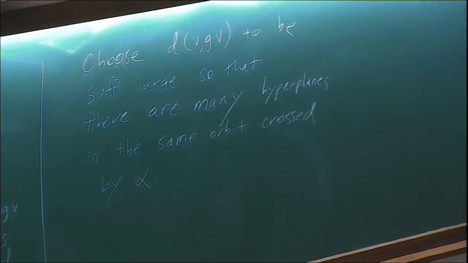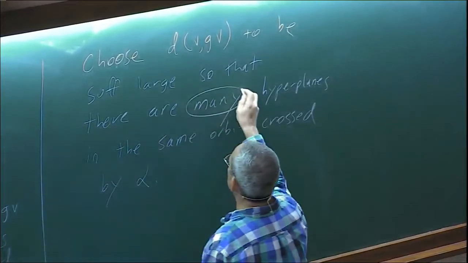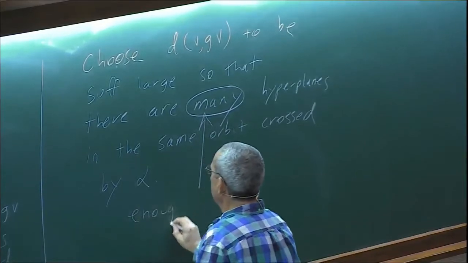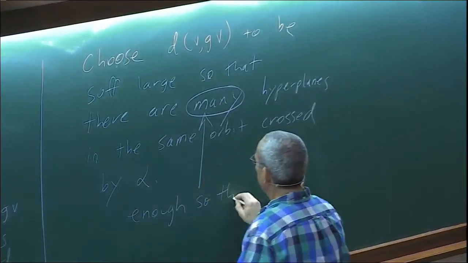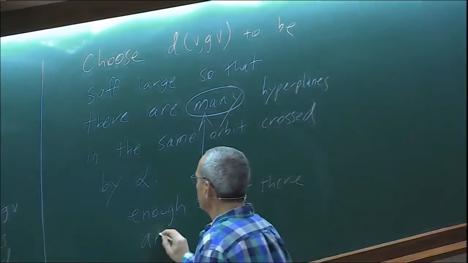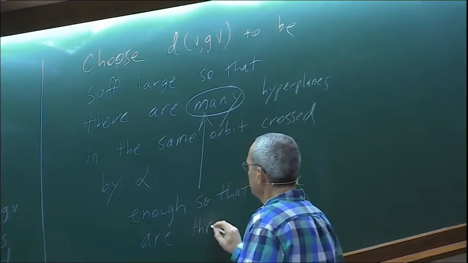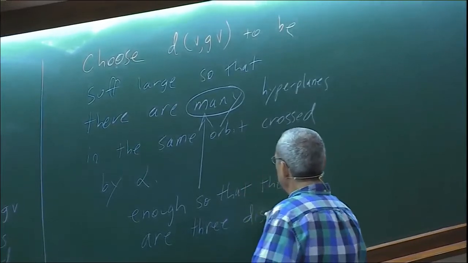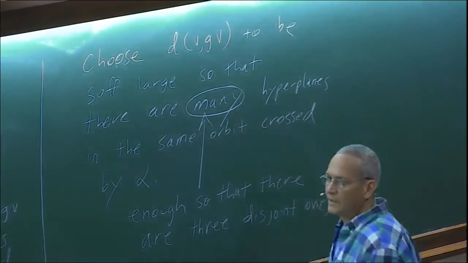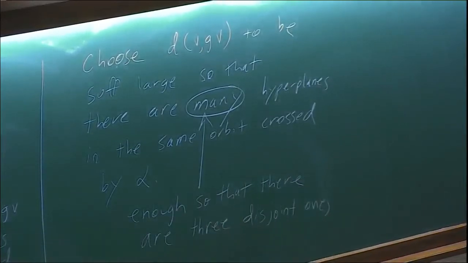And how many? Enough so that there are 3 disjoint ones. Here's one, here's another, and here's another.